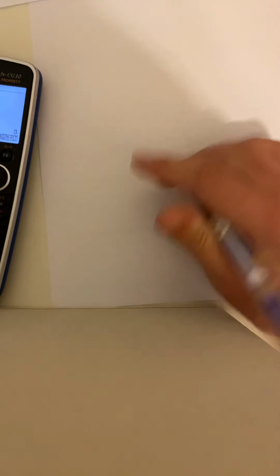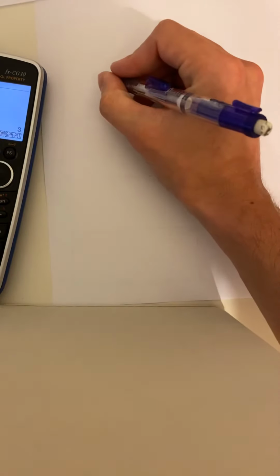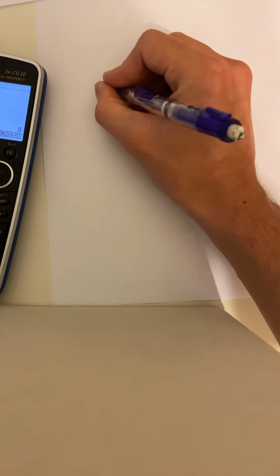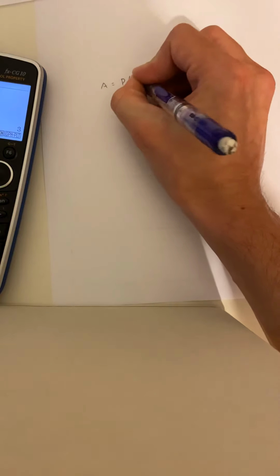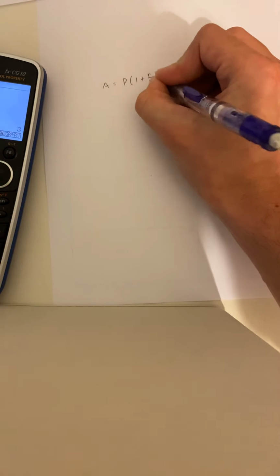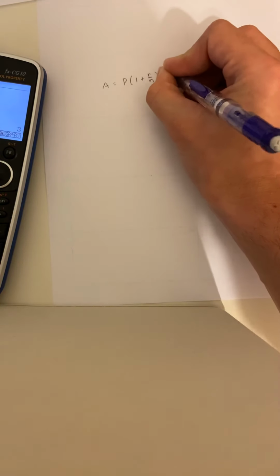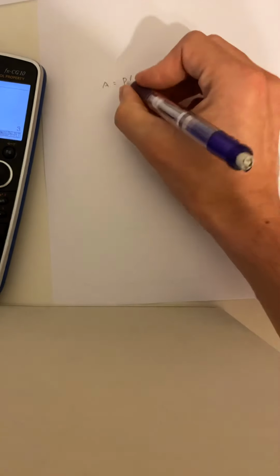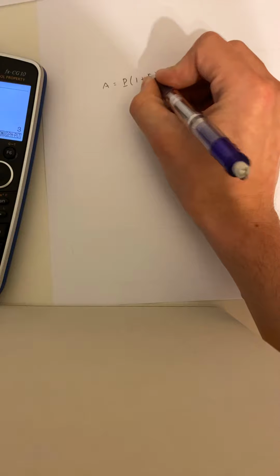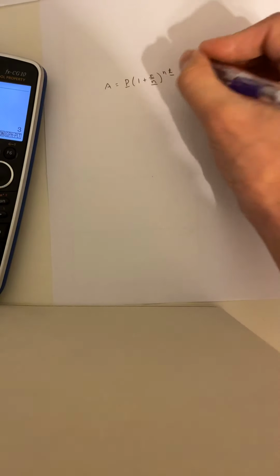So my formula is A equals P times (1 plus r over n) to the nt. I know that P is my initial value, r is my rate, n is how many times I compound my interest, which is given as quarterly, and then here's my time.